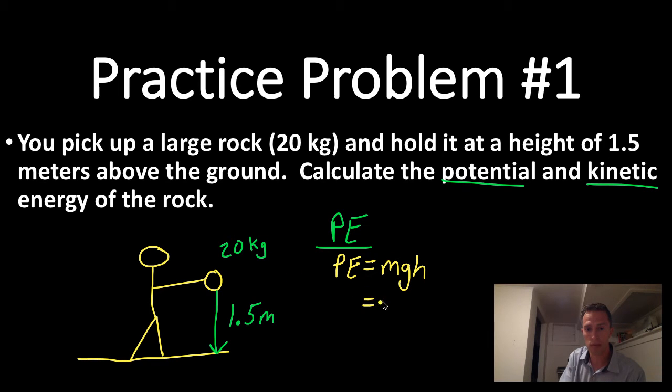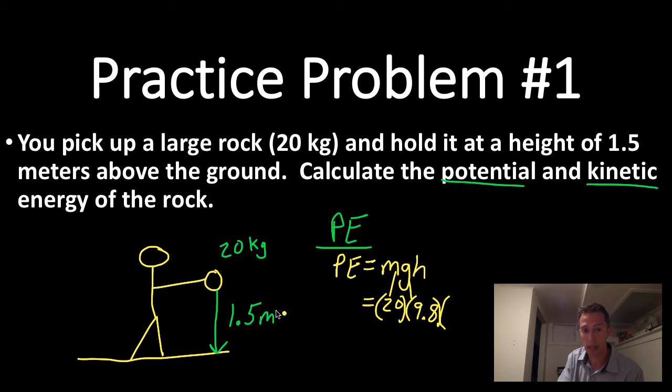The mass of this rock is 20. So I'm just plugging the mass in right there. G, on Earth, acceleration due to gravity is always 9.8 meters per second squared. I'm not writing the units to save space here, but you should know the units by now.